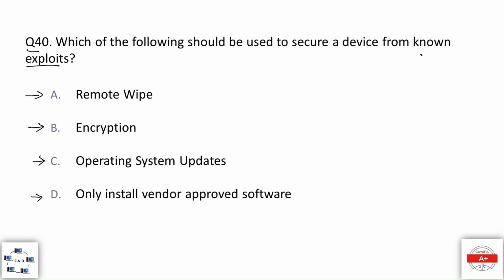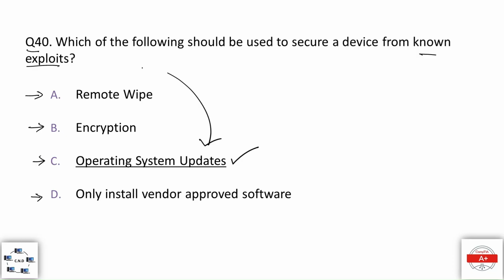Known exploits are vulnerabilities that are already known to the vendors. So the best defense against them is to enable operating system updates, because the vendor will be releasing patches for these exploits since they are already known.